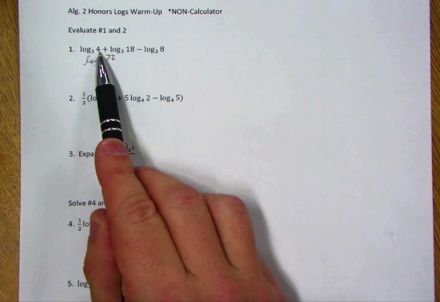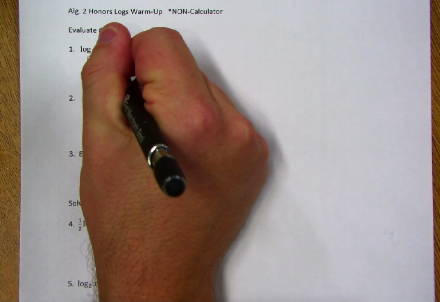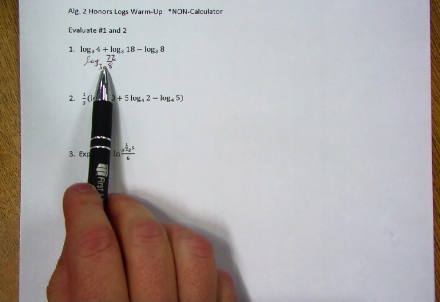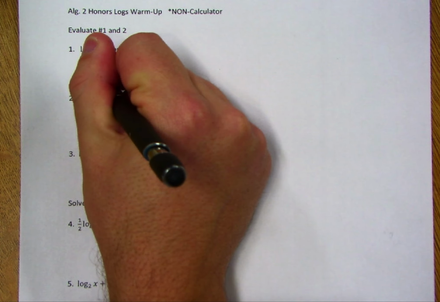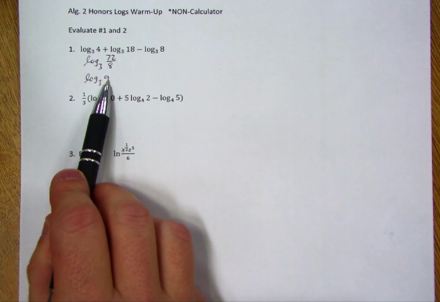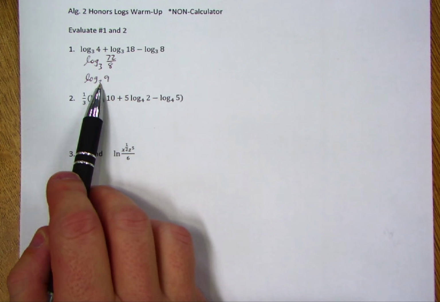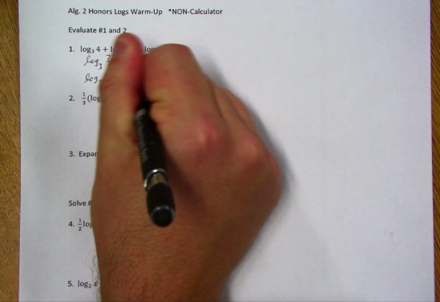So essentially we're multiplying 4 and 18 and then dividing by 8. But all that work is done within the argument. Then I can simplify 72 over 8 to log base 3 of 9. And now I do know what log base 3 of 9 is. Because remember, this is saying 3 to what power is 9, and that's 2. So the answer to this question would be 2.